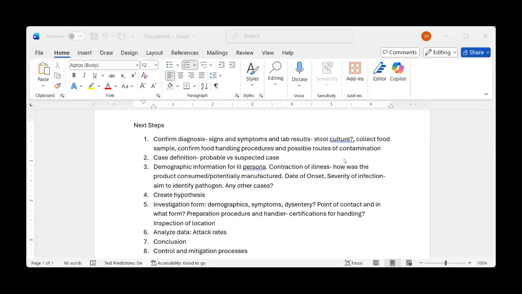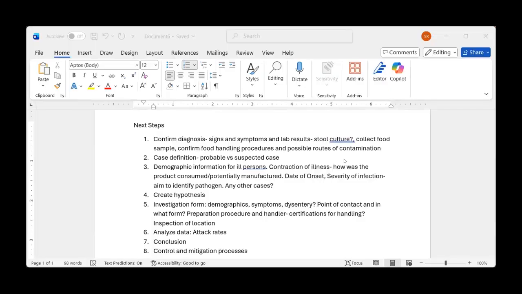Step 9 talks about putting control measures in operation. As I said, a lot of this is happening simultaneously, because even as you confirm an outbreak, you want to immediately decide, based on this outbreak, what should we be doing to contain it?